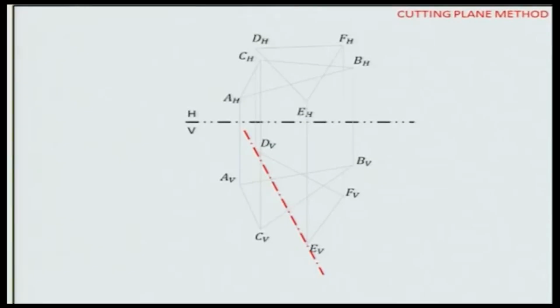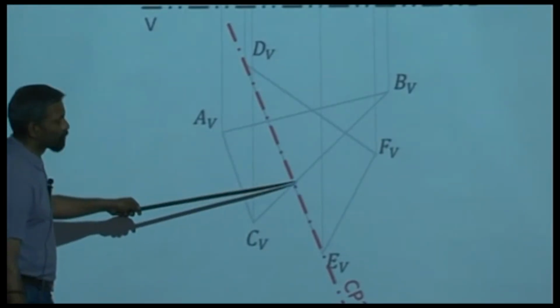let me pass an imaginary cutting plane through the edge DE and let me call it CP1. Okay. Now this edge DE is going to be intersecting with ABC at this point and this point.